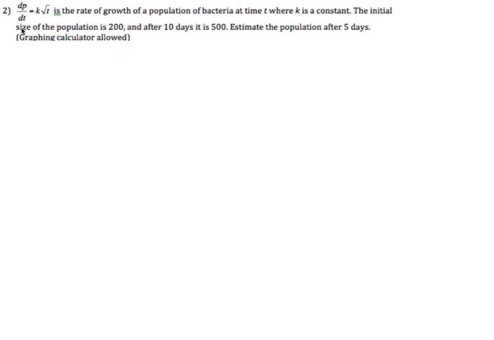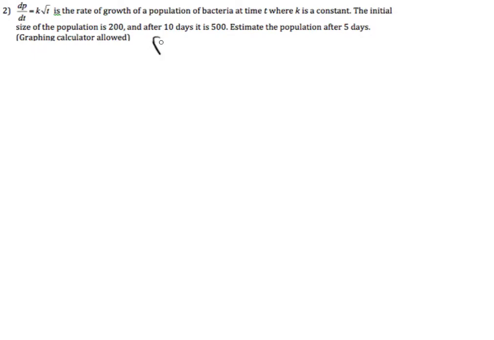Alrighty, study guide problem number 2. We're told dP/dt, which is just a fancy way of saying the derivative, is equal to some constant k times the square root of t, which stands for time, is the rate of growth of a population of bacteria at time t, where k is a constant, like we said. And we're told that the initial size of the population is 200.